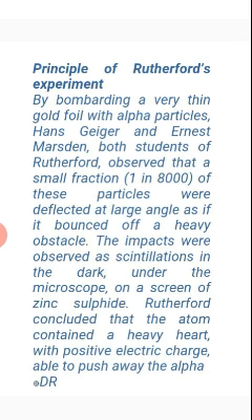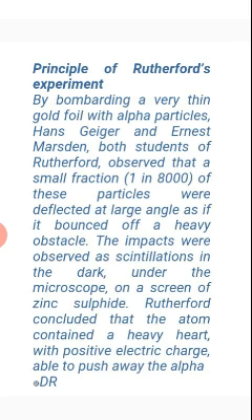By bombarding a very thin gold foil with alpha particles, Geiger and Ernest Marsden, both students of Rutherford, observed that a small fraction, 1 in 8,000, of these particles were reflected at large angles, as if bounced off a heavy obstacle.